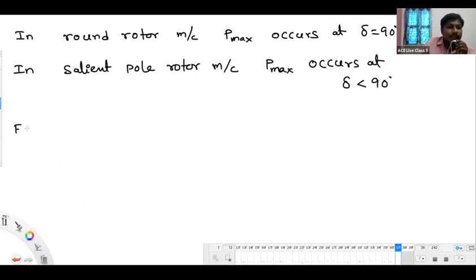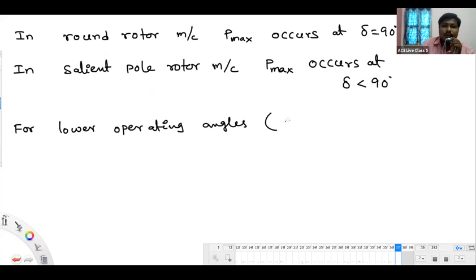For lower operating angles, right? If in brackets you want delta less than 45 degrees, something delta less than 45 degrees.